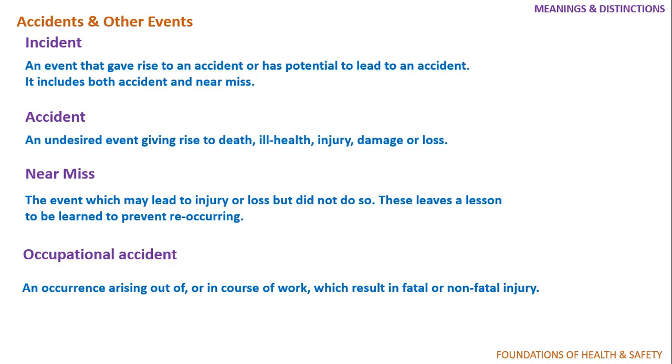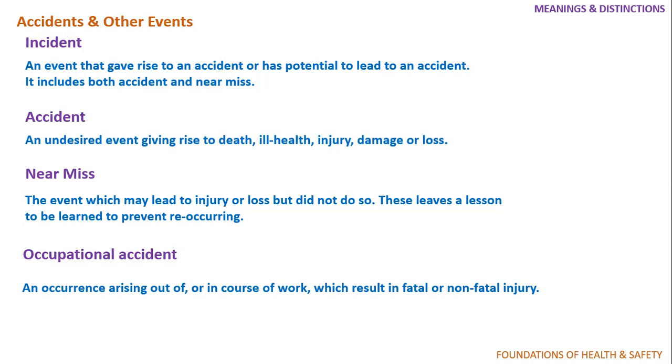An accident is an undesired event. Nobody desires an accident, so it is an undesired event giving rise to death, ill health, injury, damage, or loss. So ill health is also an accident, injury is also an accident, damage is also an accident, or any kind of loss is an accident.